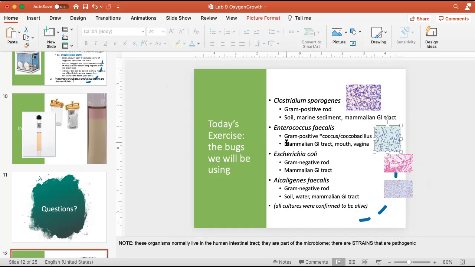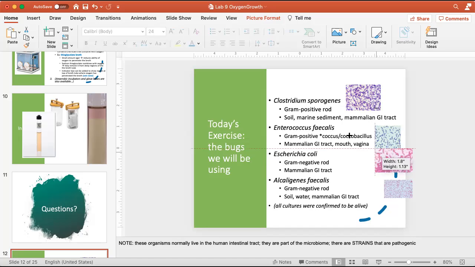This one too lives in our gut. You can also find Enterococcus faecalis in the mouth and also in the reproductive tract, particularly in the vagina. Part of the flora. Here's our old friend E. coli, gram-negative rod, found in the GI tract.